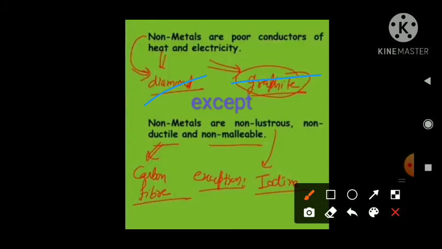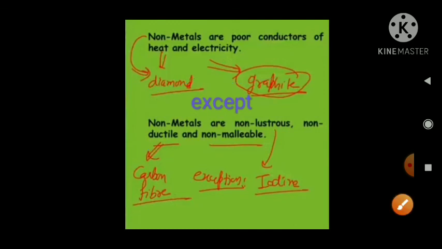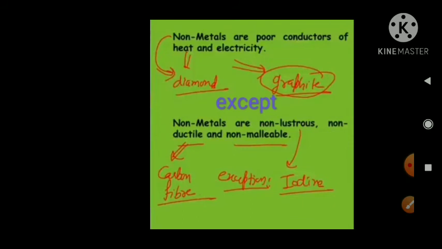Carbon fiber, not carbon itself, but carbon fiber, a form of carbon, is ductile, meaning it can be drawn into wires. Iodine and carbon fiber are exceptions to non-lustrous and non-ductile. Diamond and graphite are exceptions to poor conductors of heat and electricity. So these are the properties of non-metals.